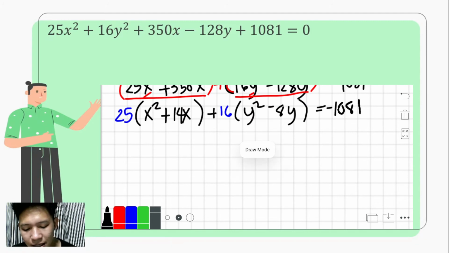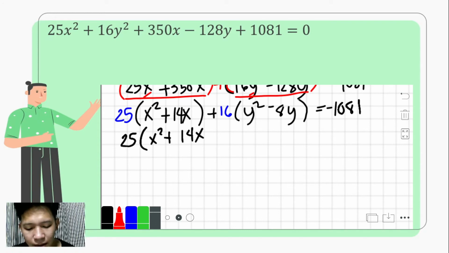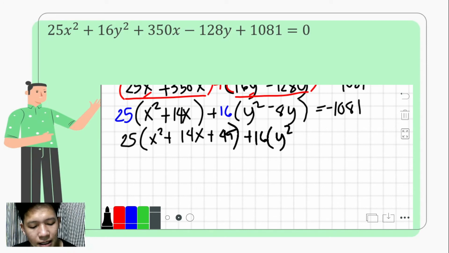So this would be 25 times x squared plus 14x. So para makomplete yung square, we divide positive 14 by 2 and then we square it. So that would be 7. So 7 squared, that would be 49. So we have here 49 plus 16 times y squared minus 8y.